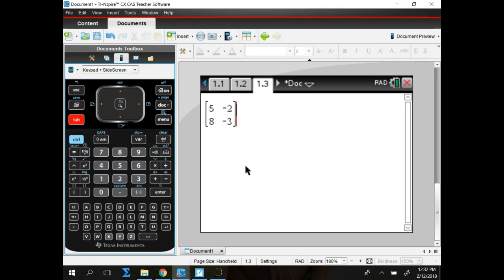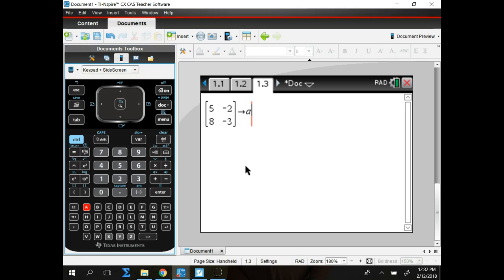Now, to store stuff on the calculator, you go Control var. STO is store. Okay? And you want to store that as matrix A. Now, it will be lowercase on the calculator, but that's fine.